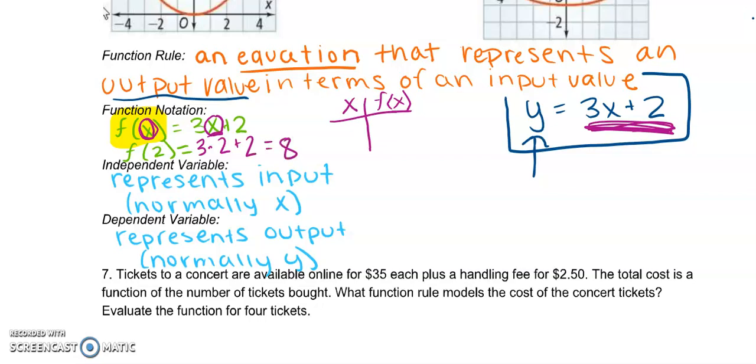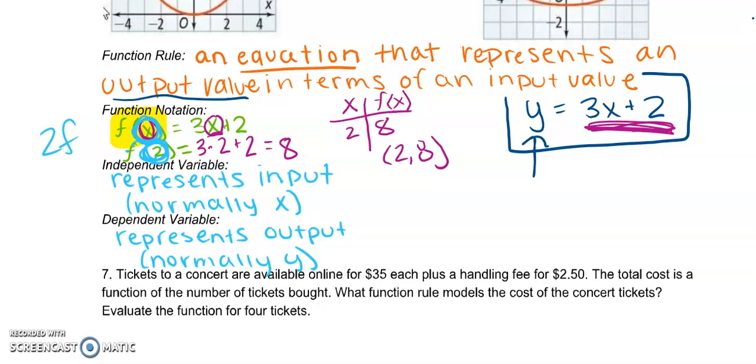So my input is 2, my output is 8, or we can say if I plug in 2, I get 8. A lot of people will get confused on this and think that this means I'm multiplying f by 2. This says I'm plugging 2 into f, and I'm replacing whatever that says, which was my x.